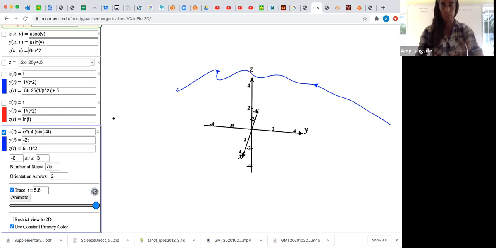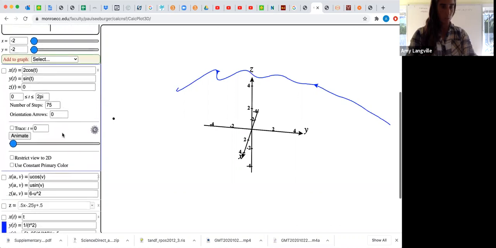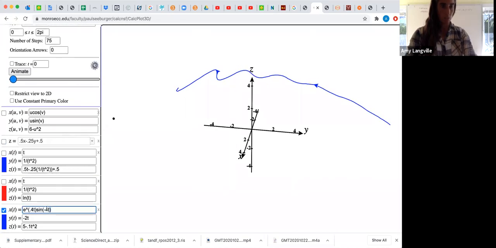And so let me put in another space curve so you can maybe see what I'm talking about with how the support structure would go directly from the blue down to the XY plane. So I need to add another space curve. Let's see, select space curve, and I'll just copy these same components.